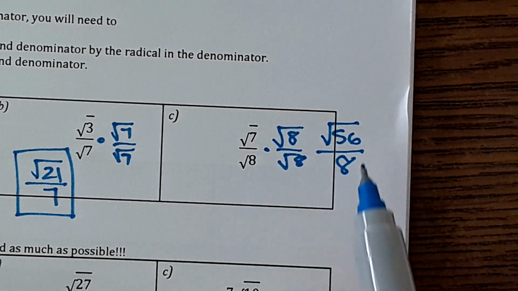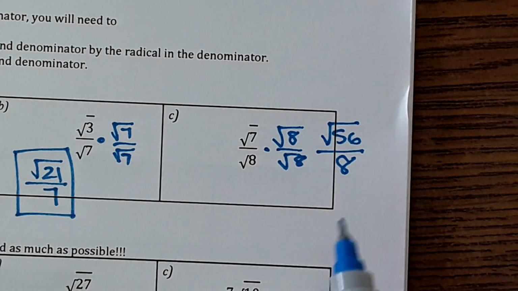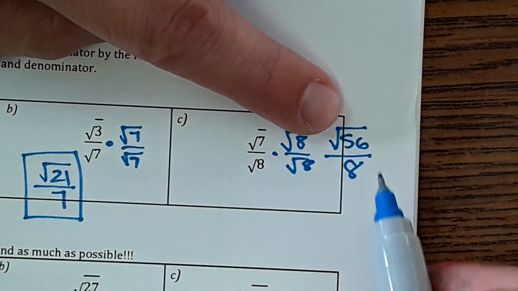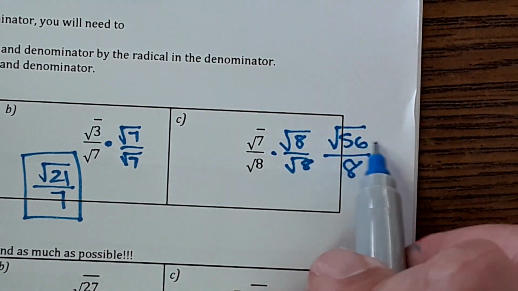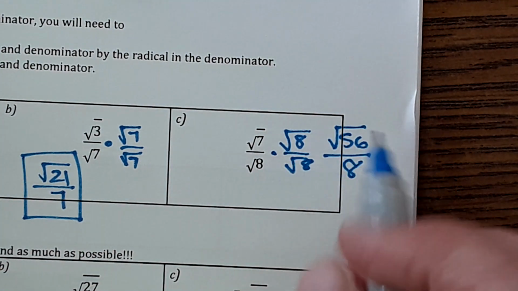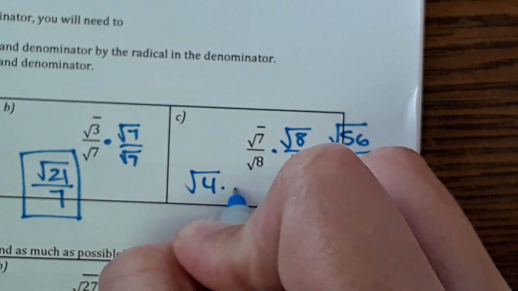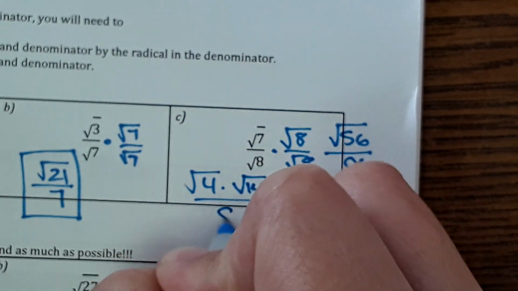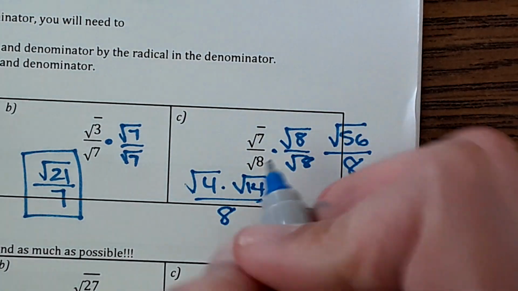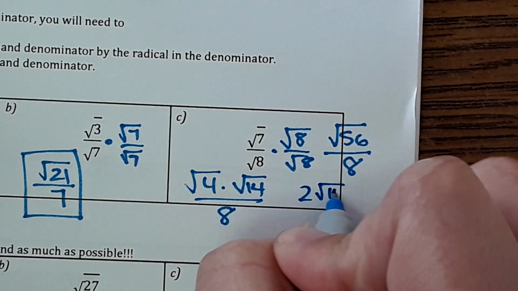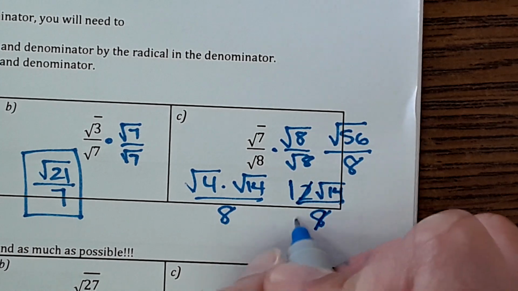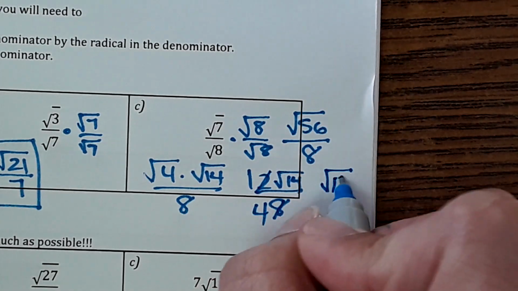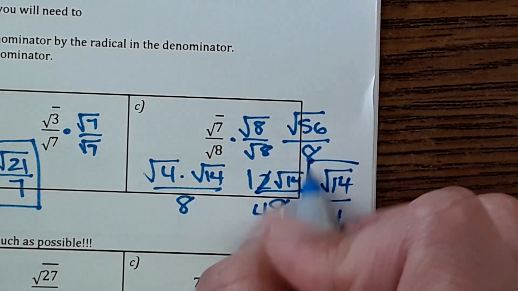It might take some trial and error to find the perfect squares in that, or you could just divide by 2 and keep dividing by 2. That would work. But 4 and 14 are two factors here. So square root of 4 times square root of 14 over 8. 2 square root of 14 over 8. The 2 and the 8 can both be divided by 2. We get square root of 14 over 4.